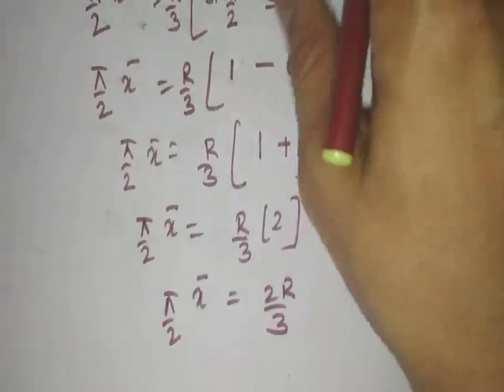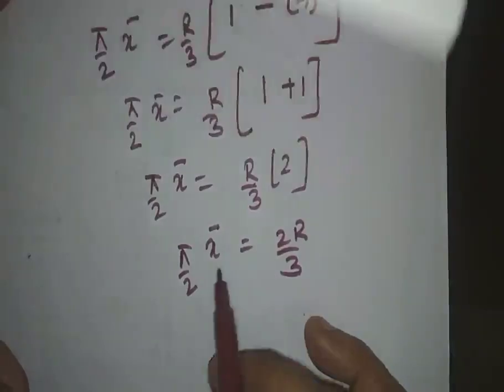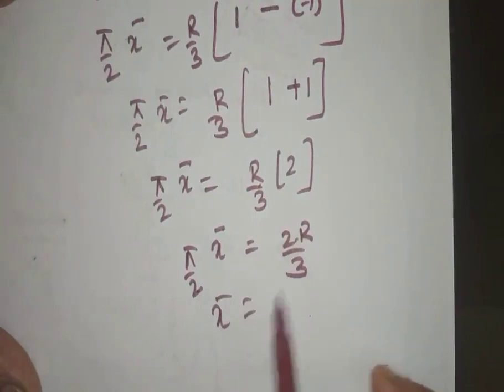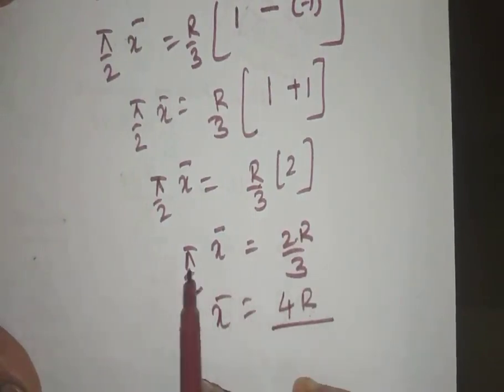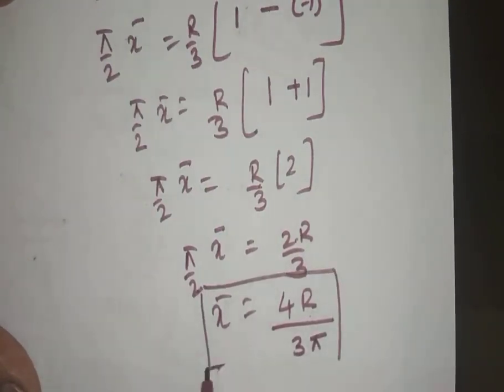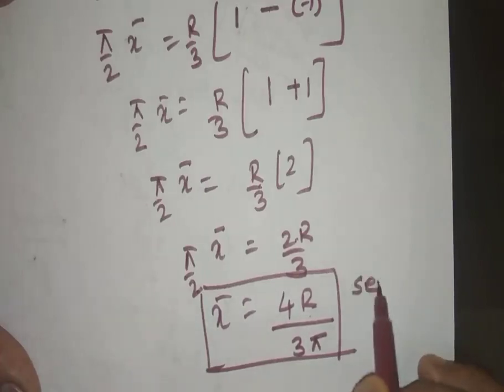So x bar will be equal to 2 into 2 will become 4, and pi will come in the denominator, so this will be 4r divided by 3 pi.